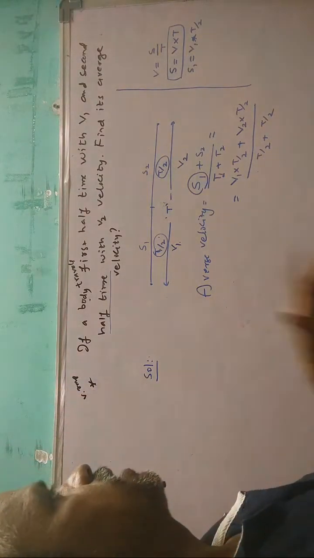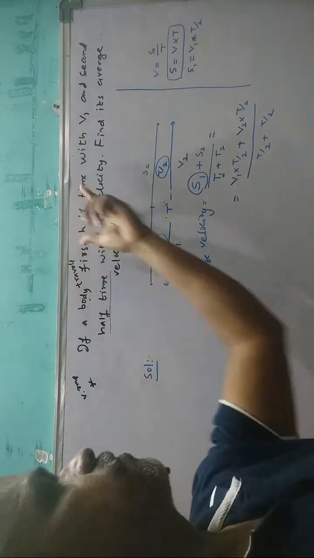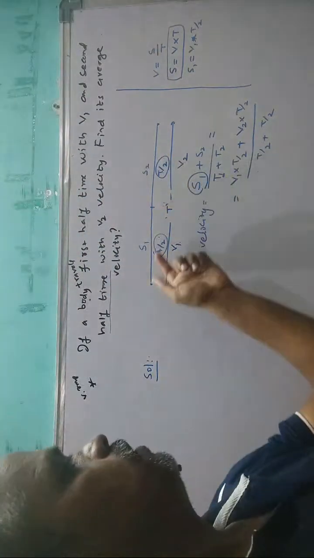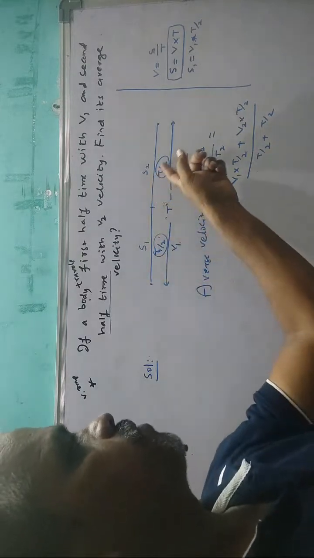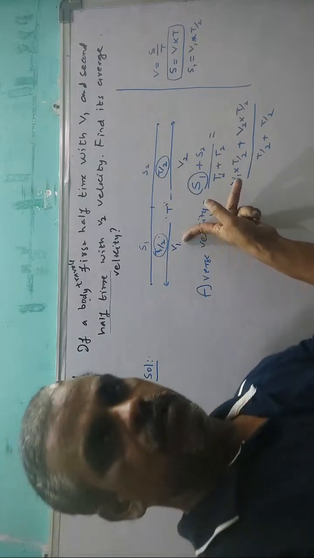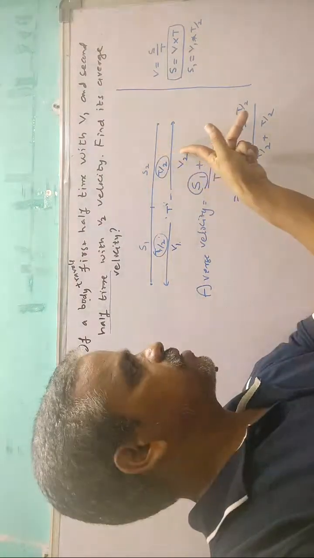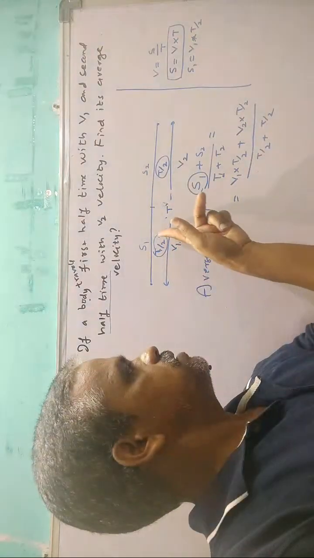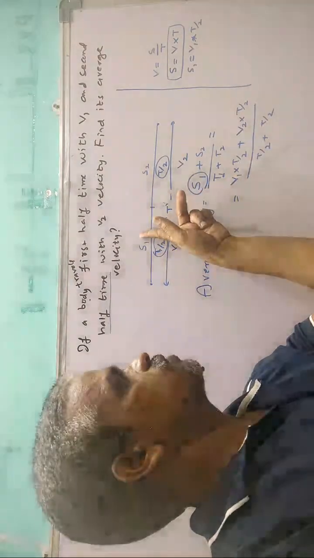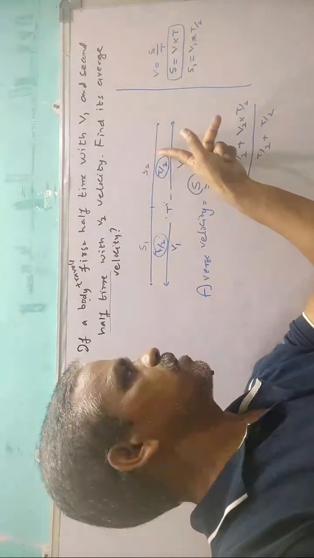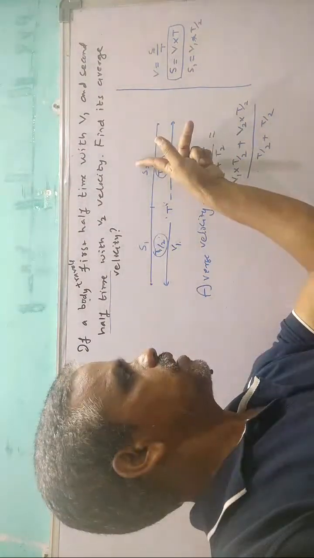See, I am explaining like this. If a body travels first half time, total time t, first time is t by 2, next half time t by 2. T by 2 time travels with v1 velocity, then t by 2 time with velocity v2. So with v1 velocity, t by 2 time it travels s1 displacement. With v2 velocity, t by 2 time, second half time, s2 displacement.